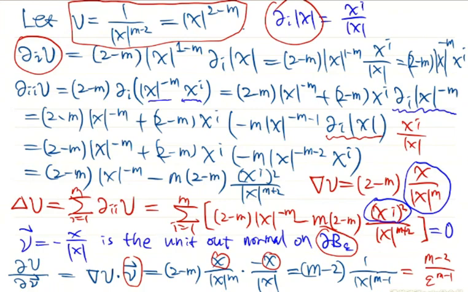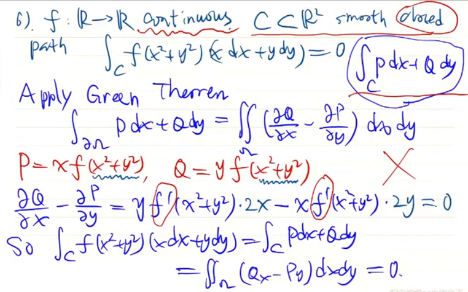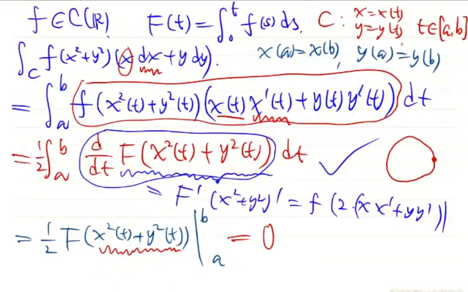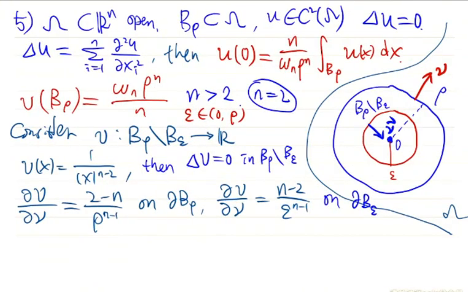In our case we have two spheres with radii rho and epsilon respectively, so the denominators are epsilon to the n minus 1 and rho to the n minus 1.